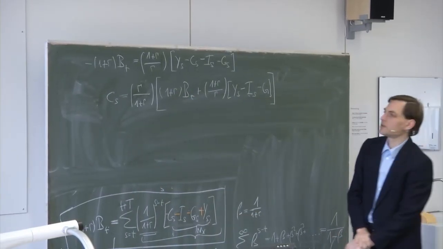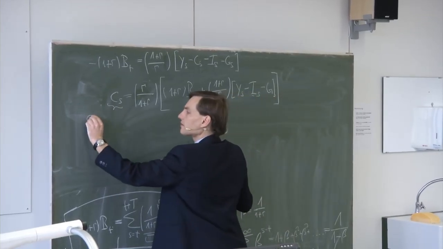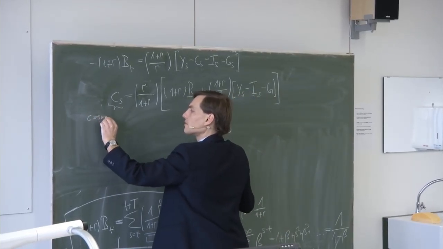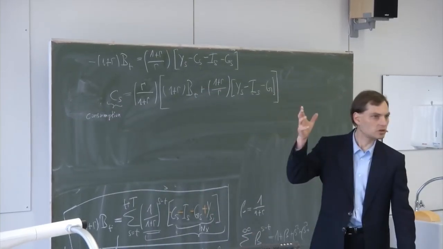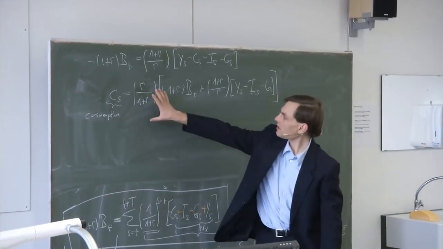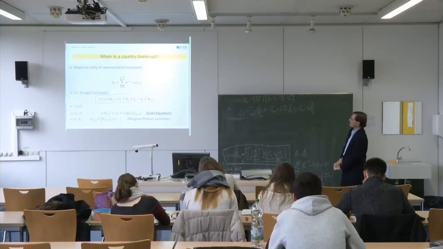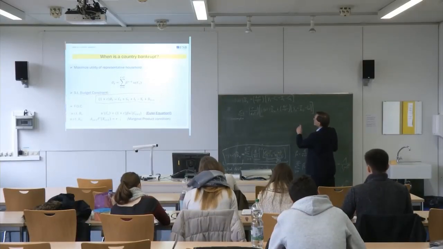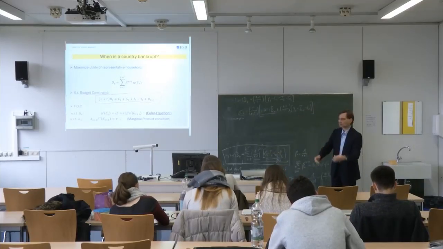And now we have a condition that is telling us the consumption in period S, in a certain period, must be equal to the right-hand side. And what is the right-hand side? Well, the right-hand side is the existing debt. Yeah, you have some debt.